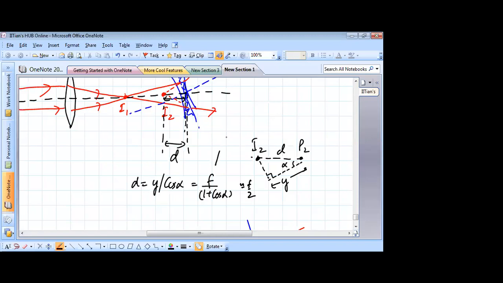Actually, a more exact value will be like this. D will be tending to f upon 2 minus alpha square by 2, where alpha should be substituted in radians. So then this thing can also become sufficiently negligible. So further this becomes f by 2.